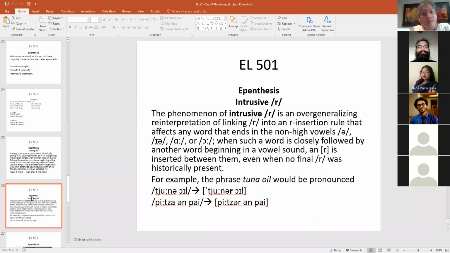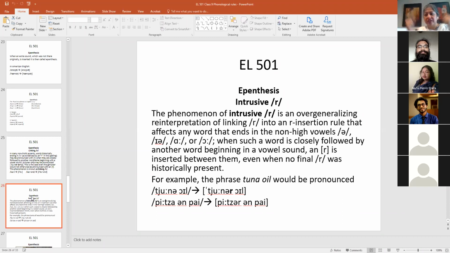It's not there in the spelling, so it shouldn't be there in the pronunciation, but they insert an extra R sound, because they think that they are doing that linking R that they do usually when you have car end. So you wouldn't pronounce the R, but since it's starting with a vowel, and it's ending with a low vowel, car, you say car-r end.